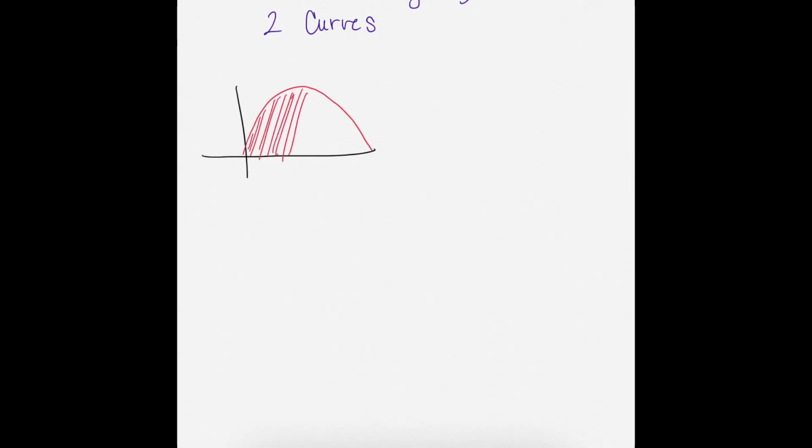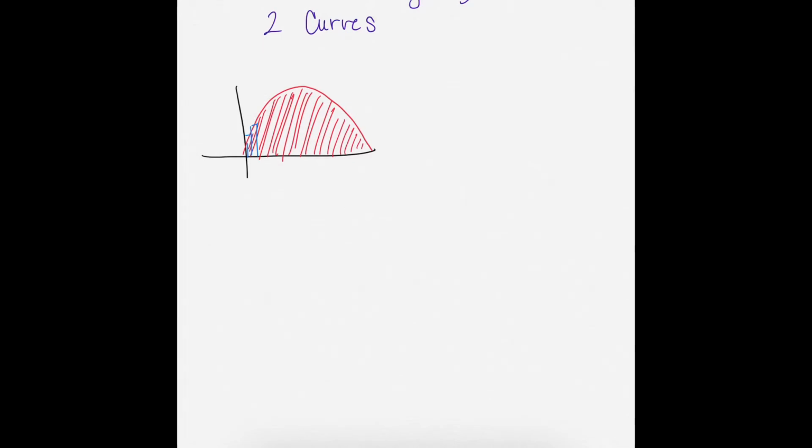So something along the lines, we would do something like this, and then one of the methods we used was the approximation, drawing the rectangles above and under, overestimating versus underestimating.